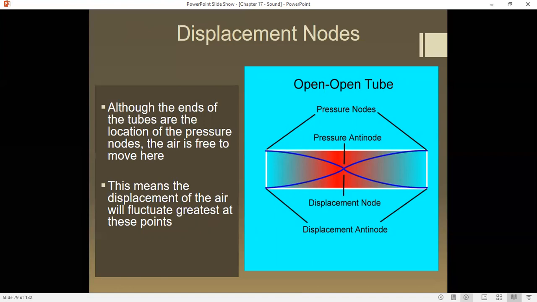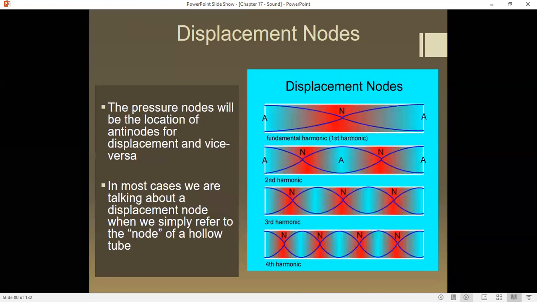If this is our equilibrium for displacement, this shows how the displacement will vary at the different positions, and the red represents the fluctuation in pressure. A little bit complicated, these things. So again, you can see now with the displacement included, where the displacement nodes are.